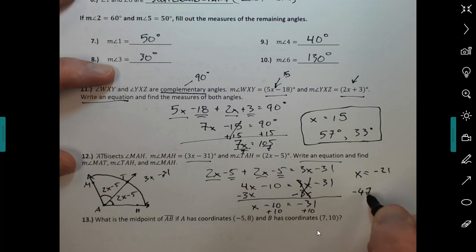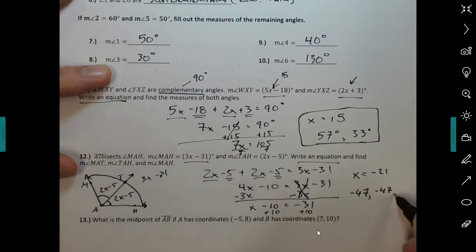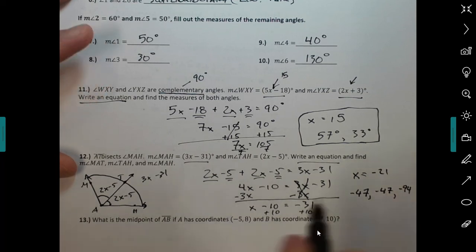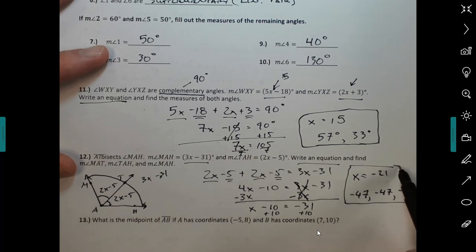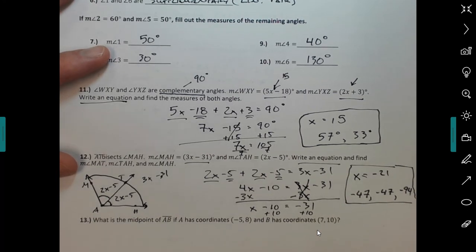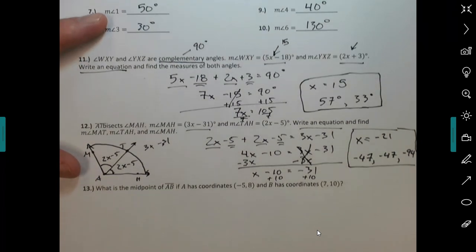I'm getting some negative answers, so Coach Foss did not do a good job of checking this review. So my two angles that are equal would be here, and then I have a negative 94 if I put them together. Sorry about that. The setup was important, though.